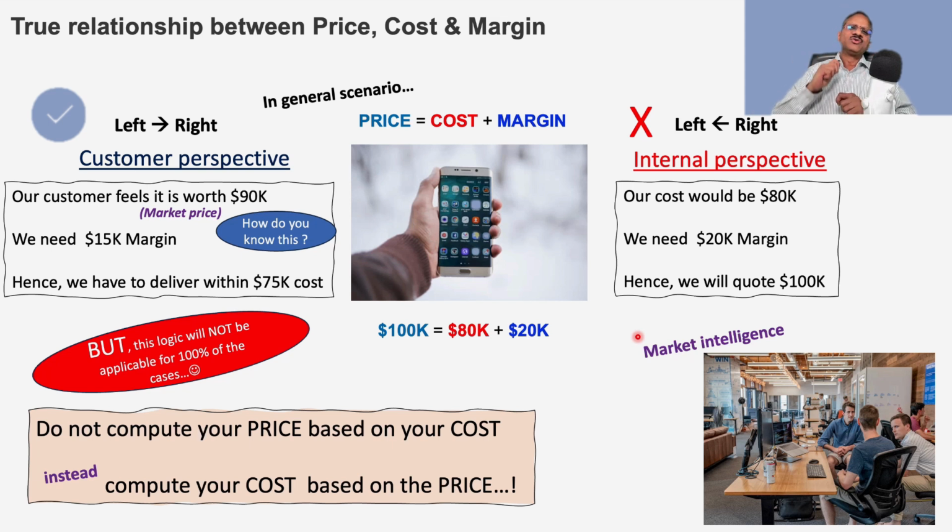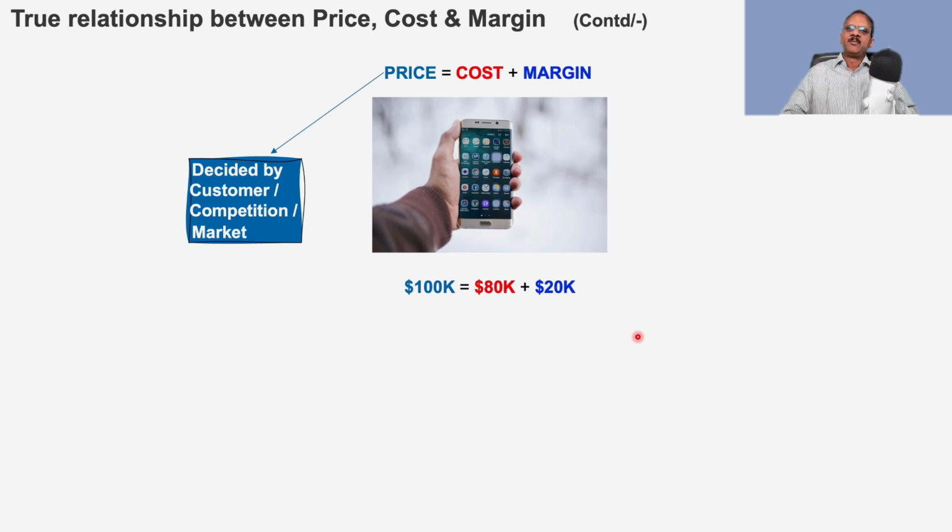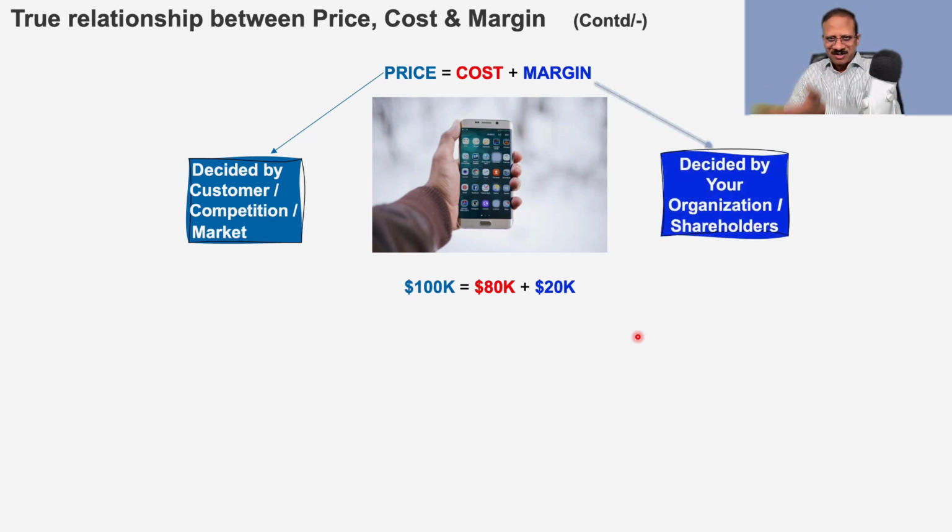So you may not be able to meet the market-expected price each and every time. That's okay, but keep this in mind: instead of always taking an internal perspective, try to take the customer's perspective.